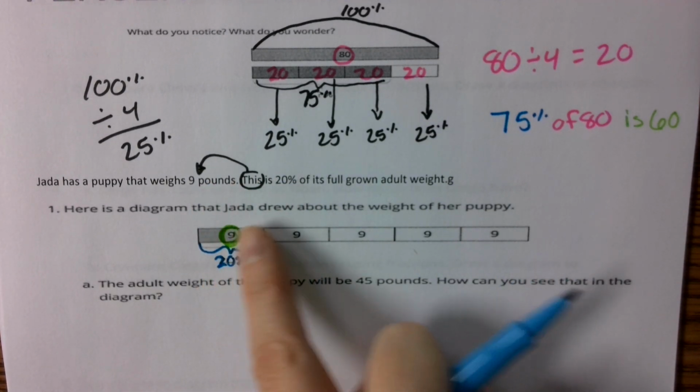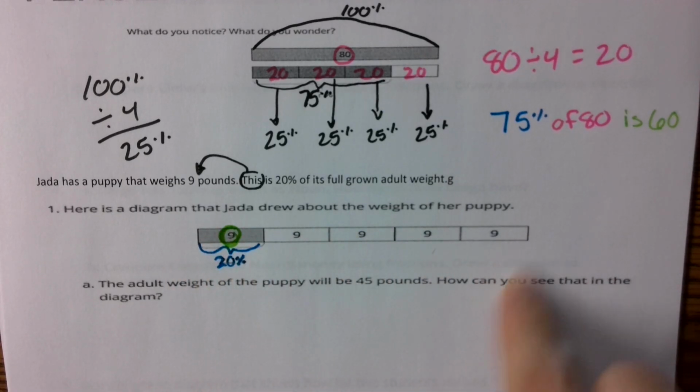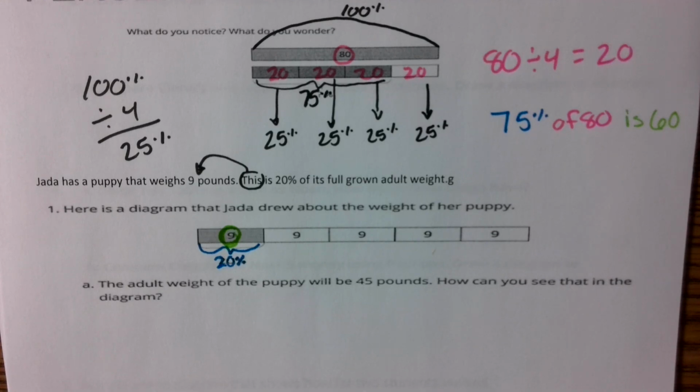So how did I know to continue adding 4 more boxes to make a total of 5 boxes? Why do you think that I continue to do that? Miles? Okay, but how do I even know what the total weight is? I have to use something else. I have to infer, Luke.